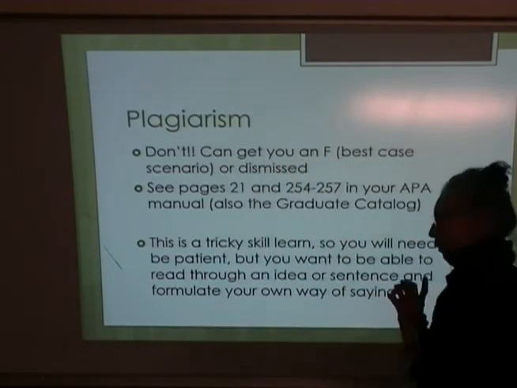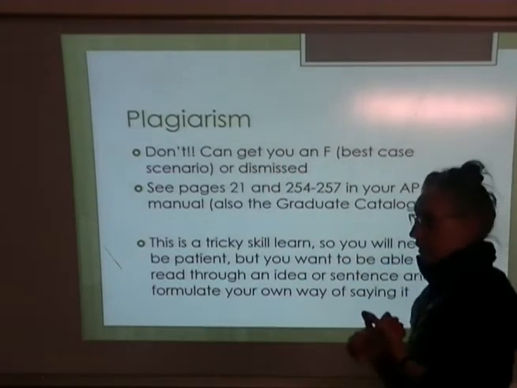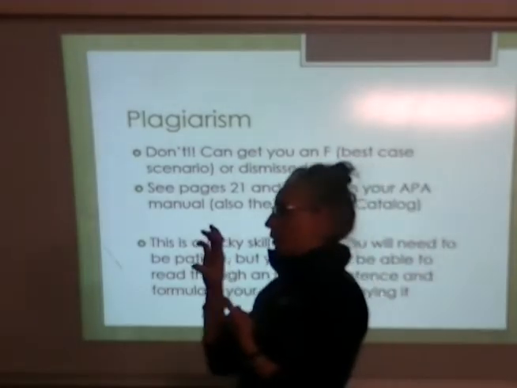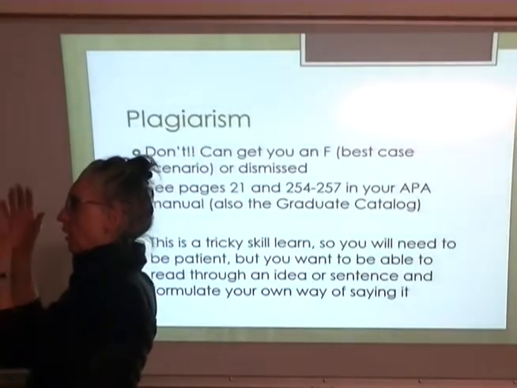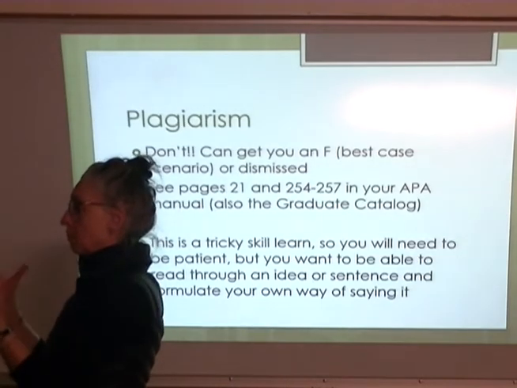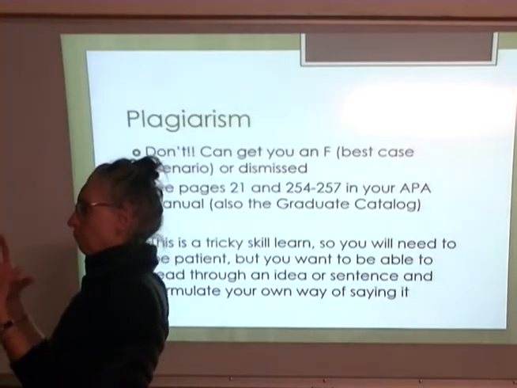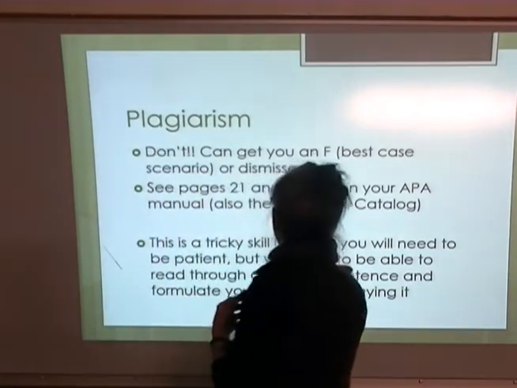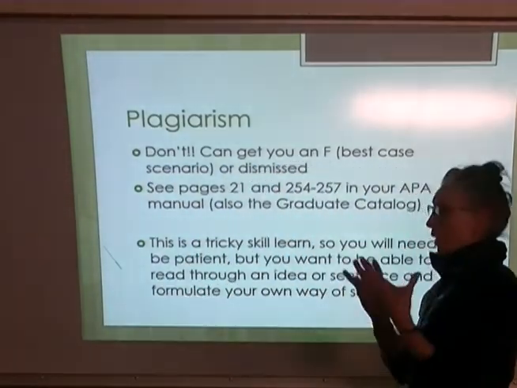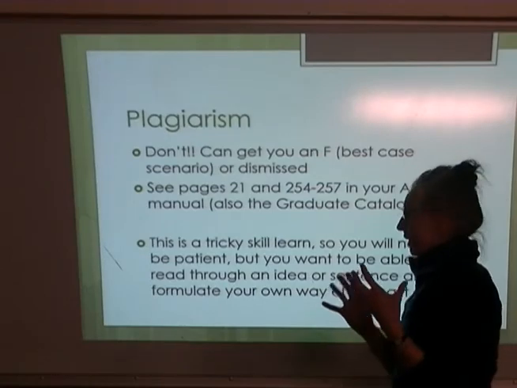The graduate catalogue has a piece on plagiarism that defines what ENMU counts as plagiarism and what to look out for. Your APA manual has quite a bit on plagiarism, and it's well written.